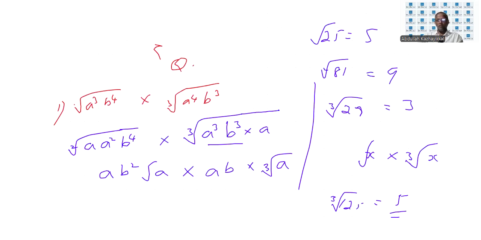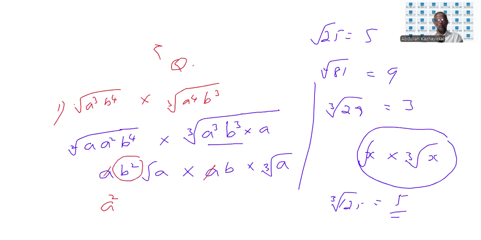Now here he got confused. No problem. Now you can help everybody. The answer is A into A, that means A square, and B square into B. What is B square into B?